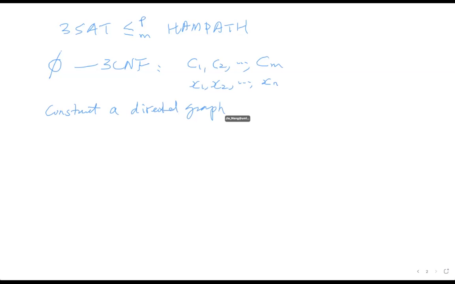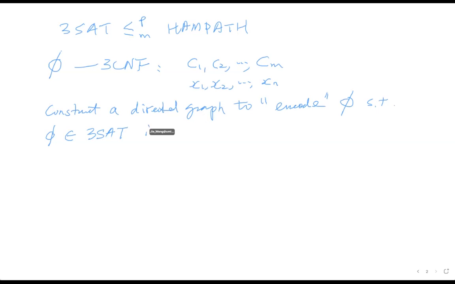And that graph has to encode, in other words, somehow represent this formula, such that this formula phi is positive, meaning it belongs to 3SAT. Positive means it is satisfiable.